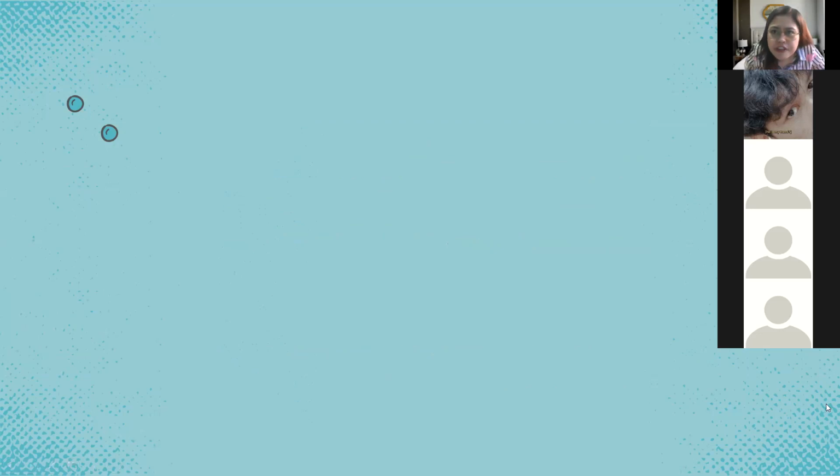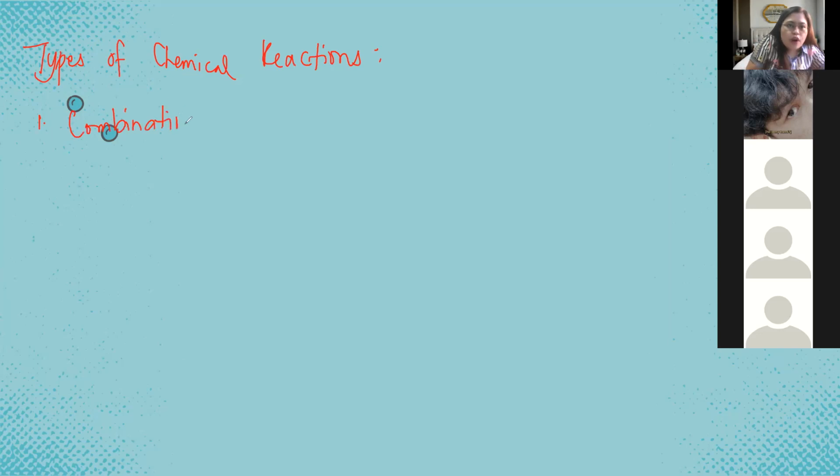So we have the first one. We have here types of chemical reaction. So number one, we have the combination reaction, or this is what we call the synthesis.